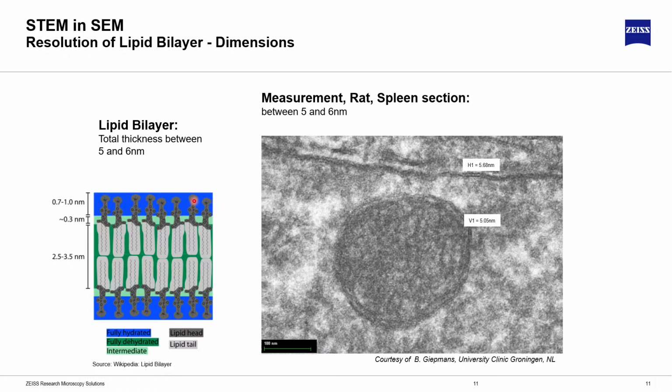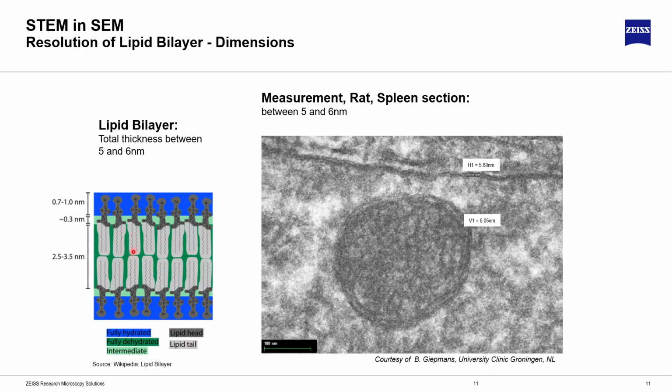But what is the size? What is the measure? When we are speaking of high resolution, the resolution is a measure. What is the thickness of the lipid layer? The total thickness of the lipid layer will be around 5 up to 6 nanometers. This is a typical bilayer.